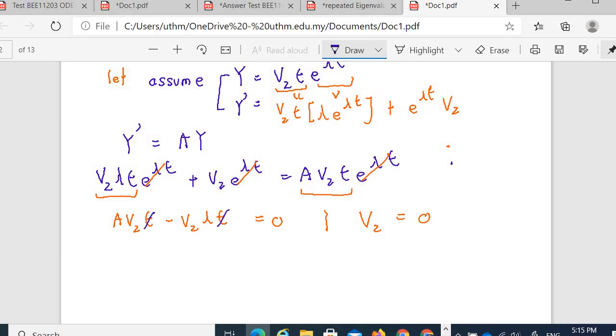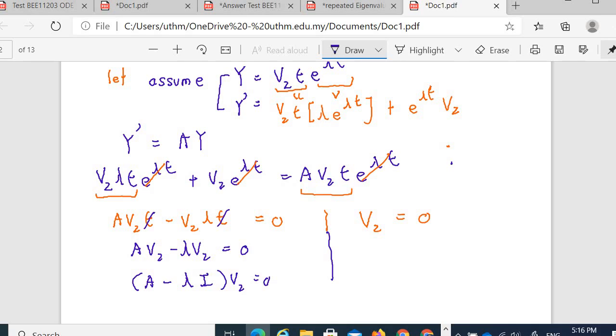I got a v2 minus lambda v2 equal to 0. I factor out v2, and multiply by I, because a is a matrix and lambda is a constant value. To do a matrix operation, I must multiply here by an identity matrix. So when you arrive here, a minus lambda I v2 equal to 0.